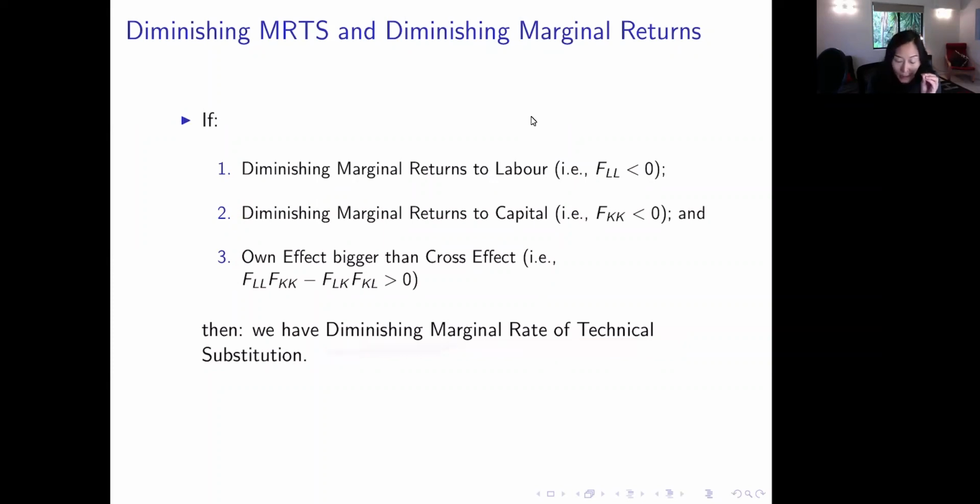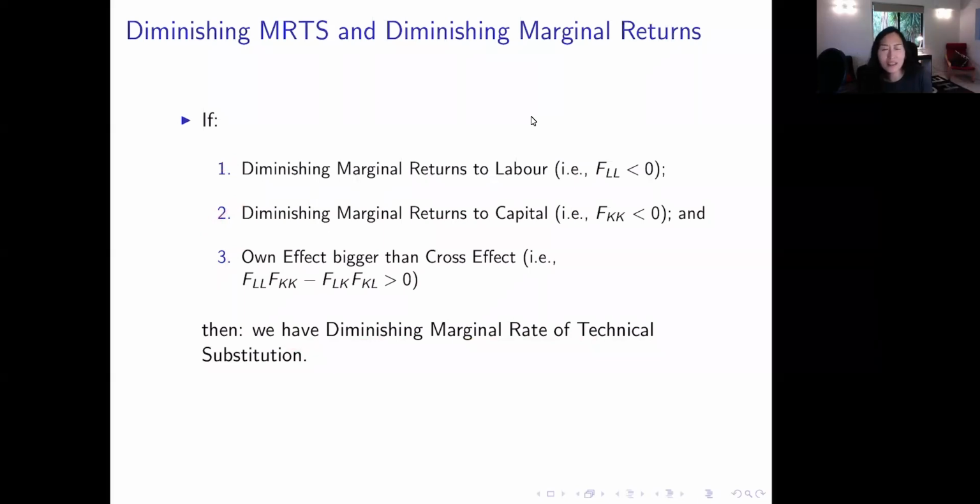If we only have 1 and 2, but not the third one, it doesn't mean that we do not have diminishing marginal rate of substitution. So these three conditions are a sufficient condition to guarantee that we have this. But by not having any of these, it doesn't mean that we do not have that.